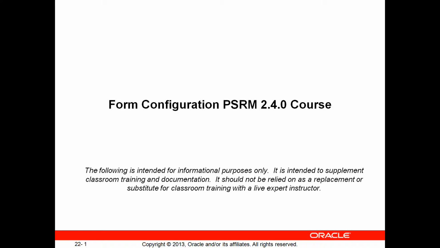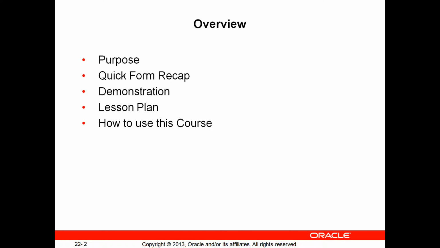So welcome to this form configuration PSRM 240 course. We're going to take our time in this lesson to give an overall introduction of what we're going to be doing in the forthcoming lessons.